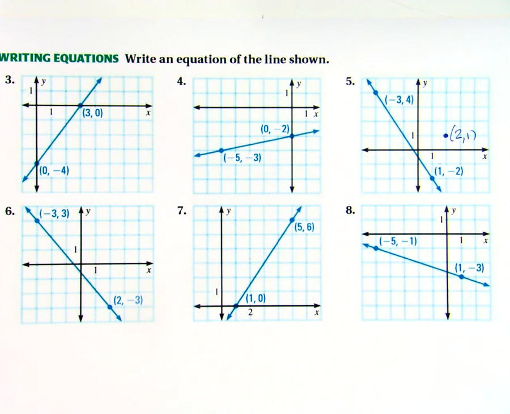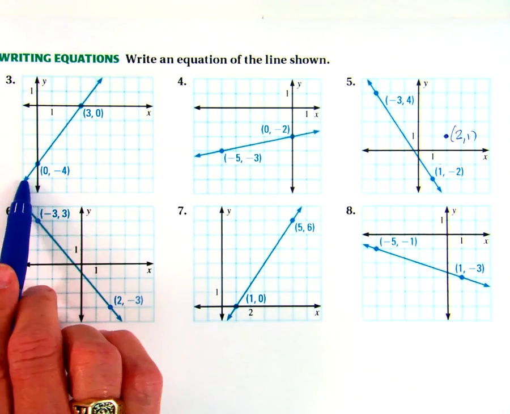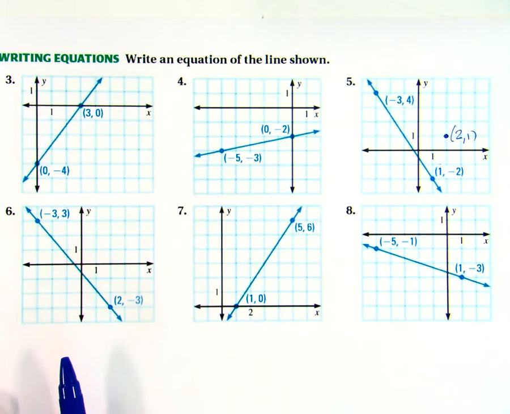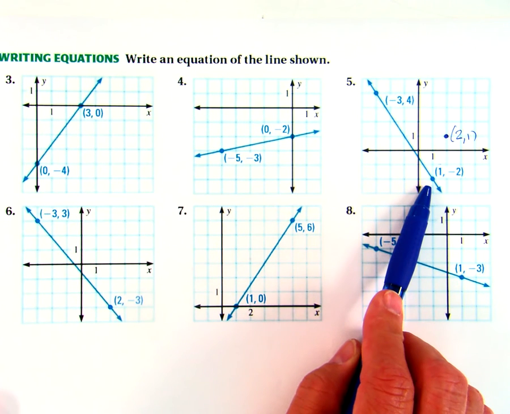You'd choose point-slope form if you had the slope and a point. You'd choose slope-intercept if you had, or could get easily, the slope by counting and the intercept. Here you've got the intercept, you can count the slope, that's probably the easiest. Here you don't have either one, the intercept or the slope.